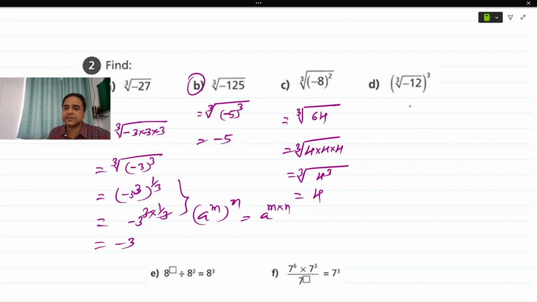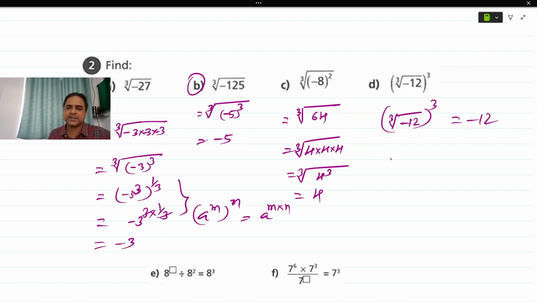Here it is a bit easy because they have already given you minus 12 under cube root and has power 3. So if you want, you can write it directly. This cube and this cube root will cancel each other and the final answer coming is minus 12.